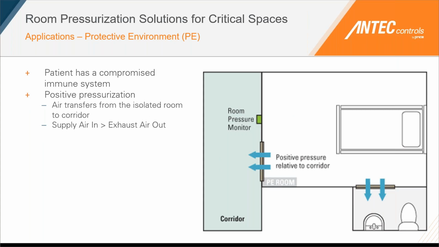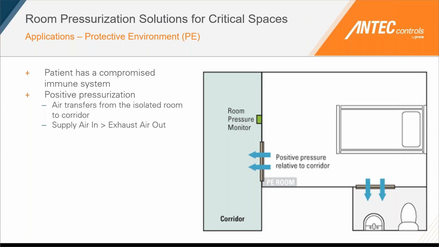On the opposite end, we have protective environment isolation rooms. Again, these are typically spaces where the patient has a compromised immune system. An example of this could be a patient potentially undergoing chemotherapy, or a patient who has been exposed to severe burns, things like that. They're in a state where any potential less clean air can really negatively impact their road to recovery.